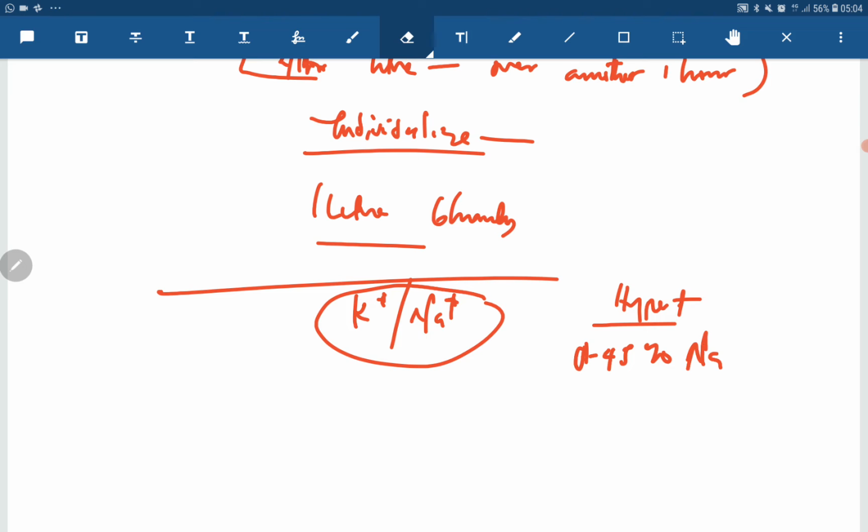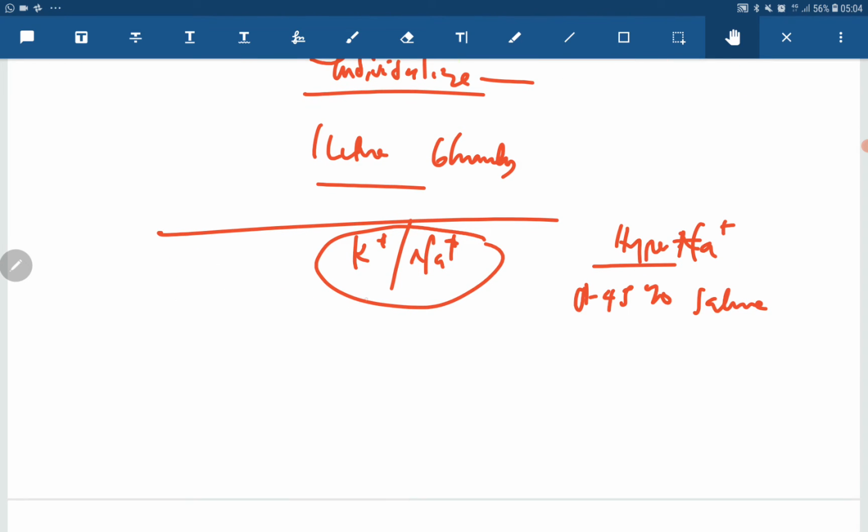Normal saline is 0.9%. So this will be 0.45% saline if the patient has hypernatremia.